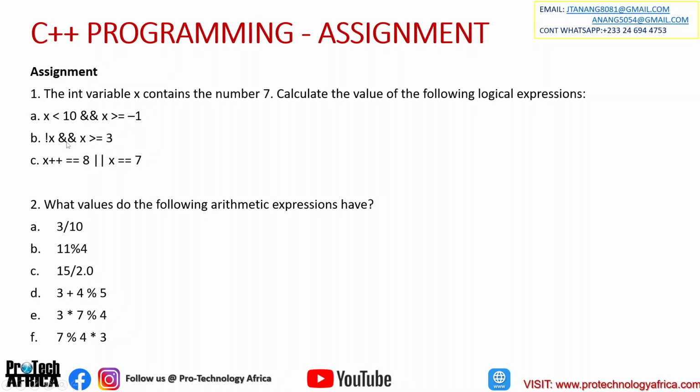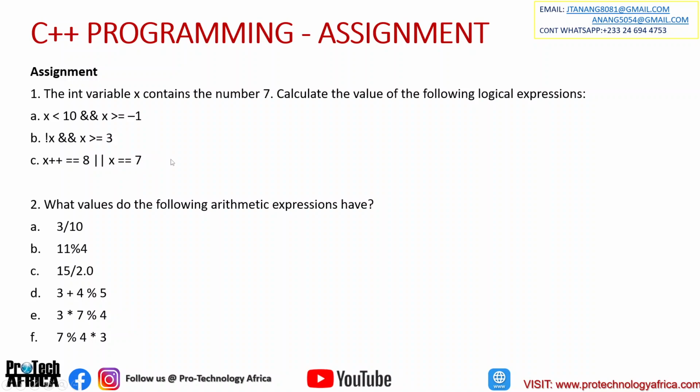And then over here, we are also using the logical AND: not x and x greater than or equal to 3. So find out the expression. Because of the logical AND, both statements must be true before you enter the word true. And then over here, we have x++ equals 8 or x equals 7. So how true is this statement?